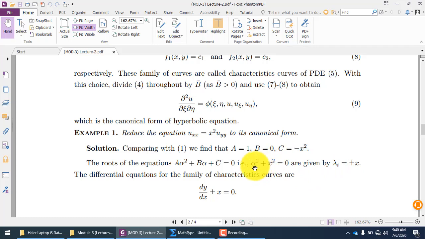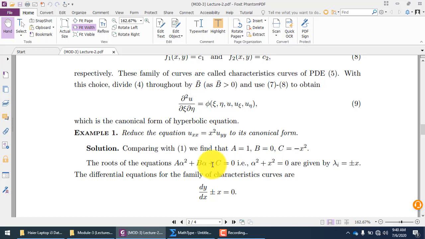So you are taking the hyperbolic case. So you are taking alpha square, I think there is a minus. Maybe there is a mistake. So there will be 2 solutions, a is 1, b is 0, c is minus x square.